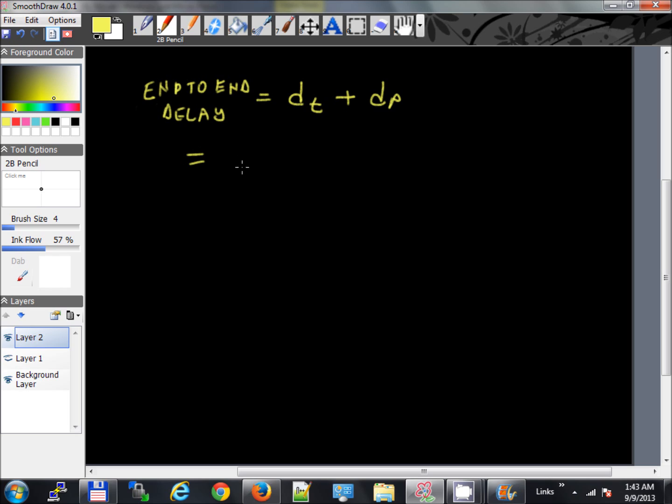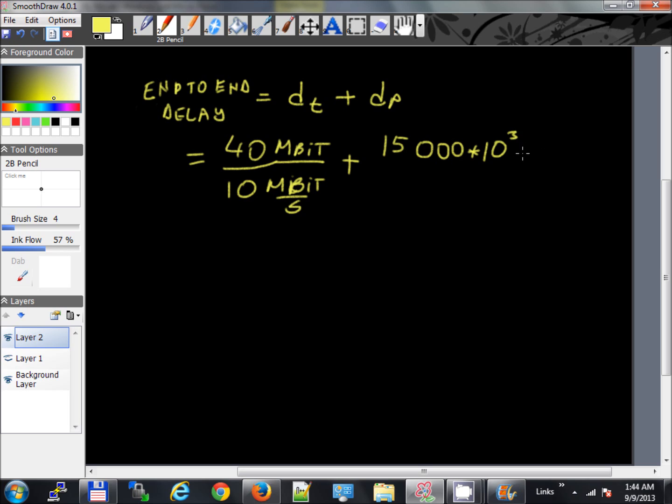And when we put numbers in, transmission delay is 40 megabits, that's the size of the message, divided by the rate, which is 10 megabits per second, plus propagation delay, which is the distance, 15,000 kilometers, which is 15,000 times 10 to the power of 3, divided by 2 times 10 to the 8 meters per second.